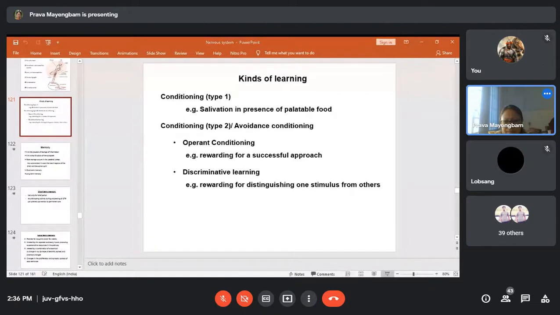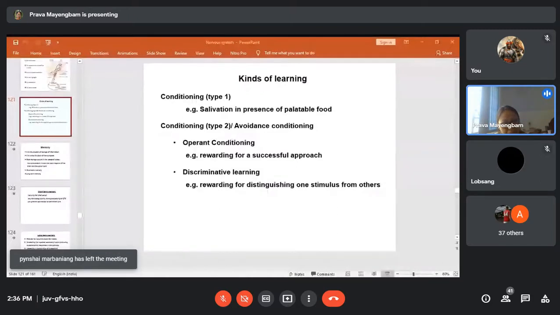Anyway, so that is learning, it happens through conditioning. Conditioning is of two types: conditioning type 1 and conditioning type 2. In conditioning type 1, you know that kind of conditioning when a bell is rung in a farm and food is given to the dogs simultaneously.